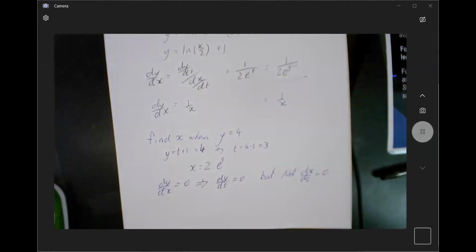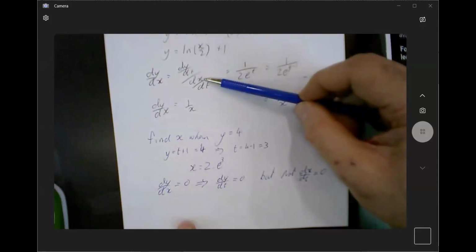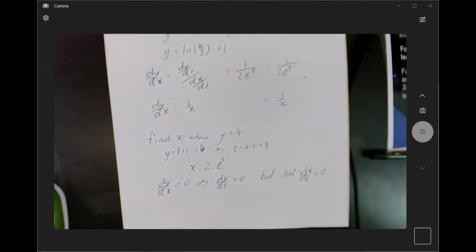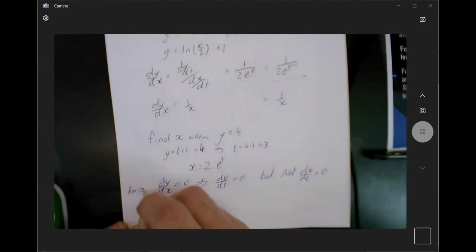I need to be specific, because if we go back up to this expression, if this is 0, I need this to be not 0. Otherwise, I've got a situation where my function is undefined. And this would be horizontal. And so I could have vertical.